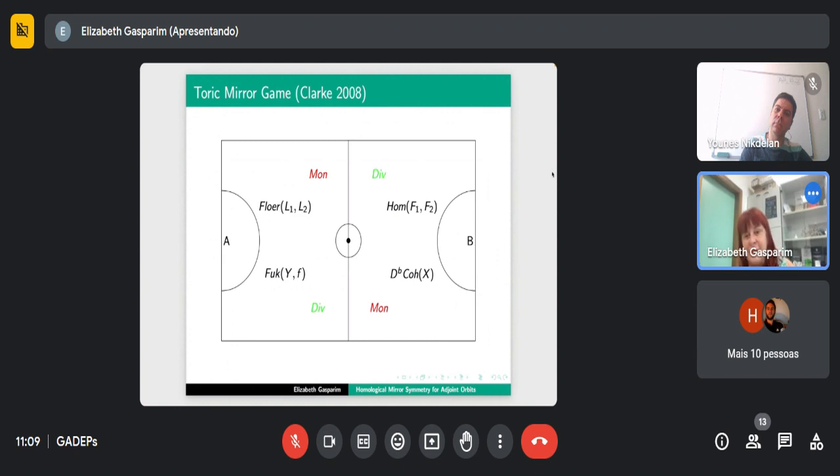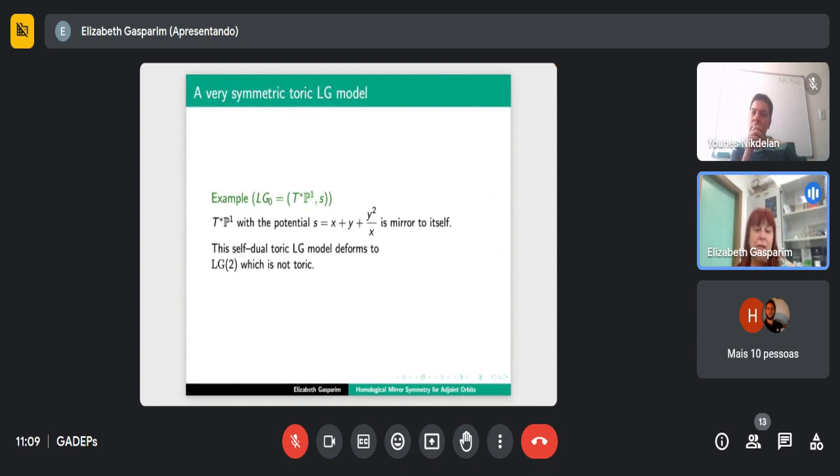So there is always a mirror in the toric case. In fact, we can cook up the example of projective space to make a self-dual, very obviously self-mirror candidate. If you cook up this potential, then the two matrices are equal and the thing looks mirror to itself.